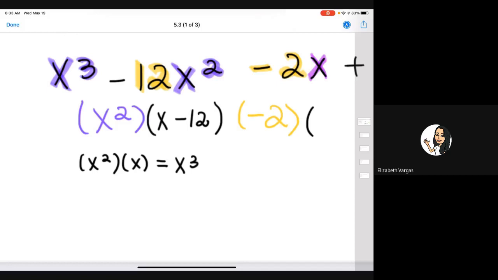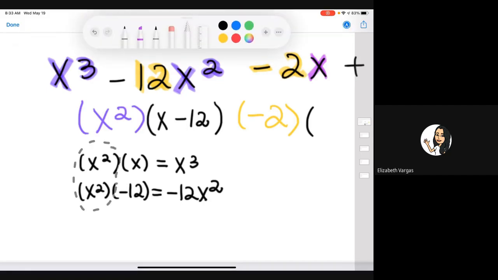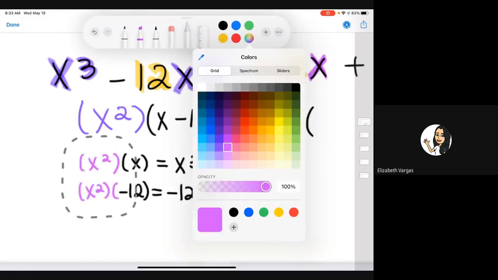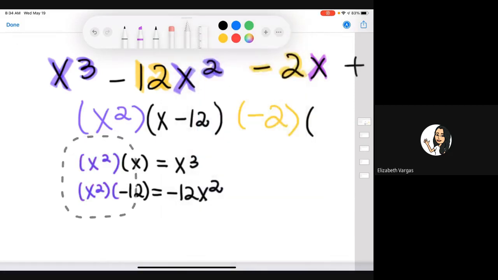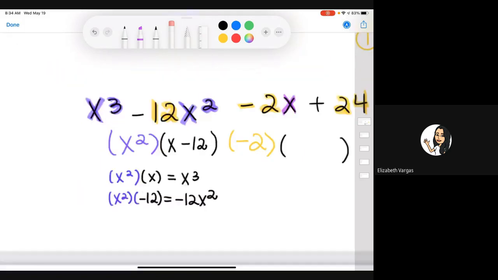So this would give me x cubed. And that would give me -12x squared. So I'm trying to figure out, what do I need to multiply to this factor right here, the factor that I took out, in order to give me my original expression. Okay, so that's what I'm doing there.